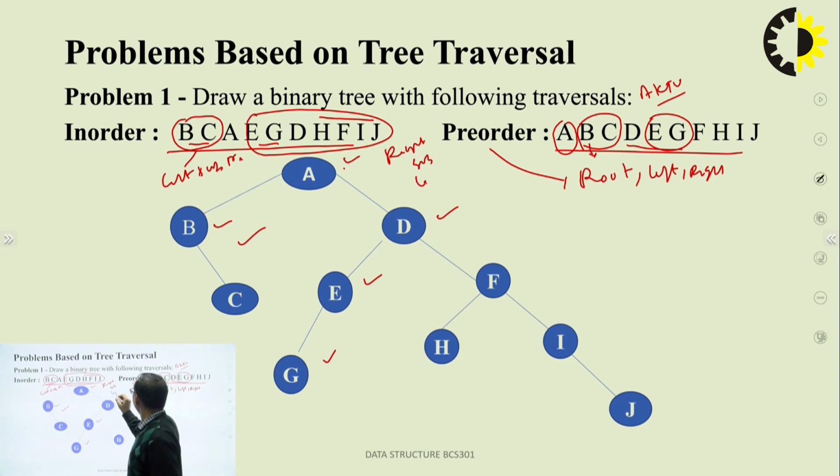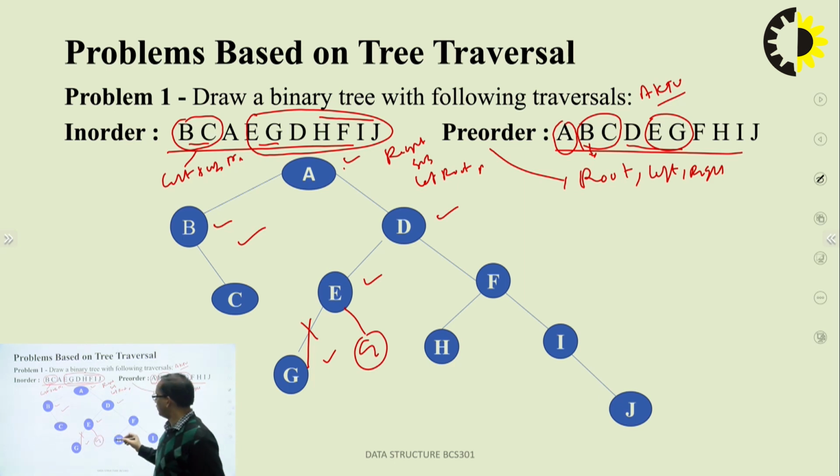Left, root, and right. So G is on the left of E, so G will be the right child of this. So E and G will be the sequence, and again in the case of pre-order, E and G will be the sequence. So here G belongs to the left child.